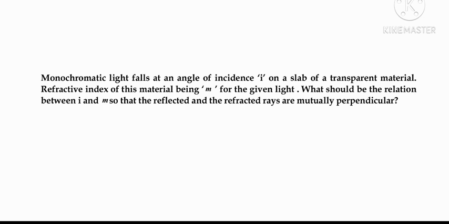So light falls at an angle of incidence I on the slab of transparent material, and they are asking what is the relation between angle of incidence and refractive index of the material, so that reflected and refracted rays are mutually perpendicular.